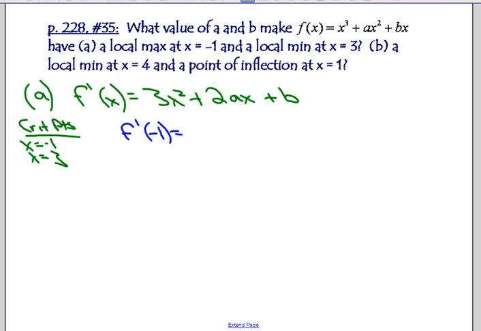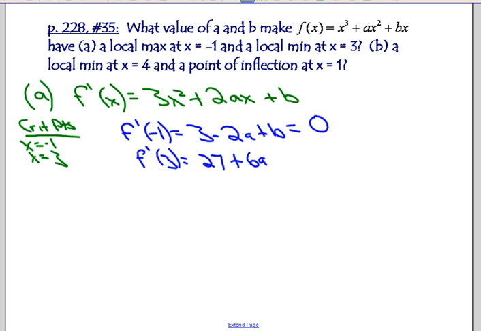I sub that in. Looks like 3 minus 2a plus b. And if that truly is a max, then I should have a critical point there, so the derivative at -1 should be 0. When I put in the 3, the same thing should happen. So this looks like 27 plus 6a plus b.